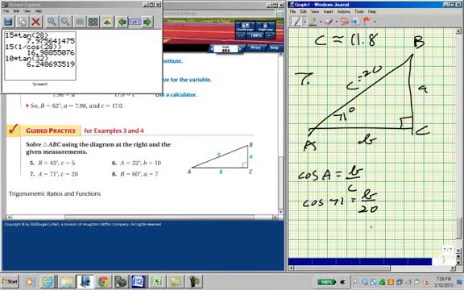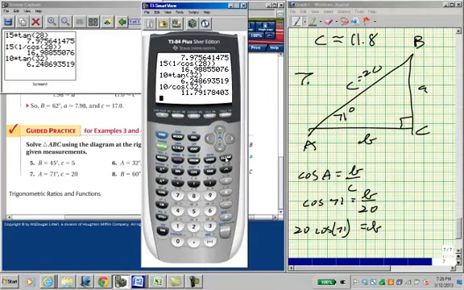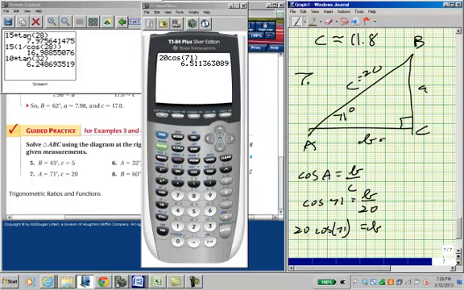So B equals 20 times the cosine of 71. So let's call it 6.5. I guess that's 6.5. 6.5 is good enough.